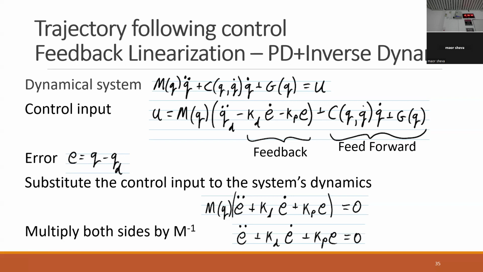So if I substitute U into the dynamical system, what I get is, you see here, M q double dot minus M q double dot desired. So it's like M e double dot.